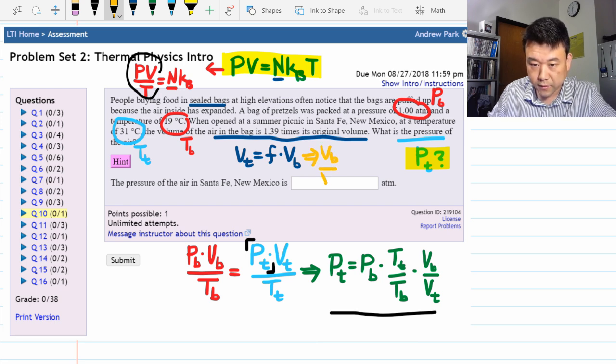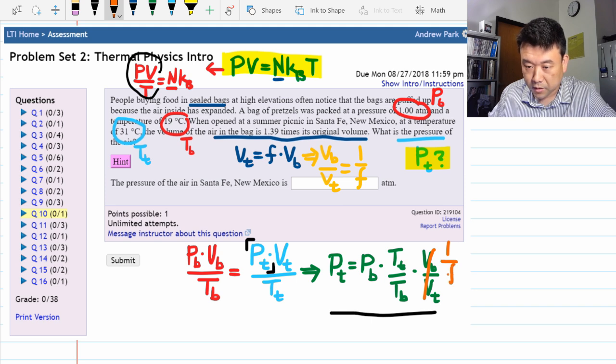VB over VT is equal to 1 over F, seems right to me. That means what I have here is going to become 1 over F when I plug in the numbers. So in my case, 1 over 1.39. You do have to be careful with the temperatures here.